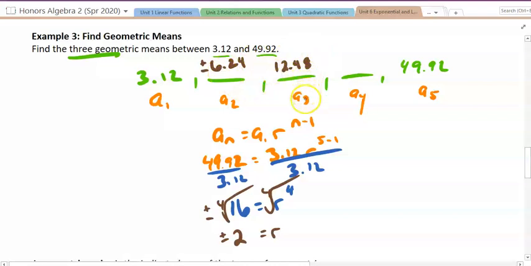So this a sub 3 term must be positive. I can multiply it by 2 again, and we're going to get 24.96, but that could be positive or negative. And so my 3 geometric means would be positive or negative 6.24, 12.48, and positive or negative 24.96. And so that's where we're at there.